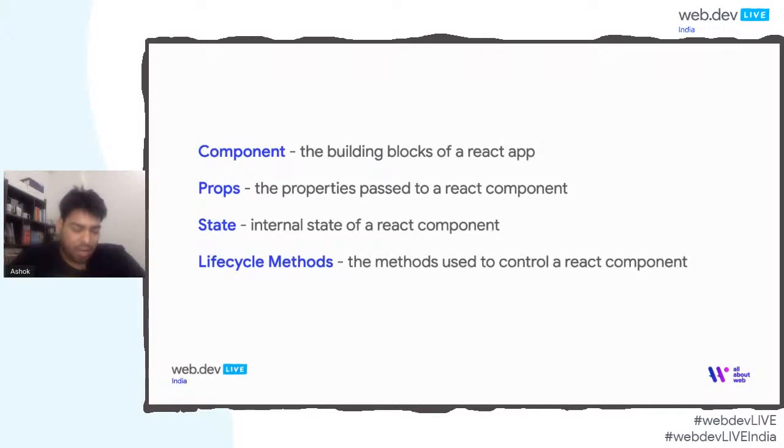Props are the specific properties which we pass from one component to another, and every React component has a state, which is internal state, and they manage that state to re-render and display some specific information and do change detection etc. Apart from that, they also have lifecycle methods. These methods are some specific callbacks which we get on various stages of the React component lifecycle.